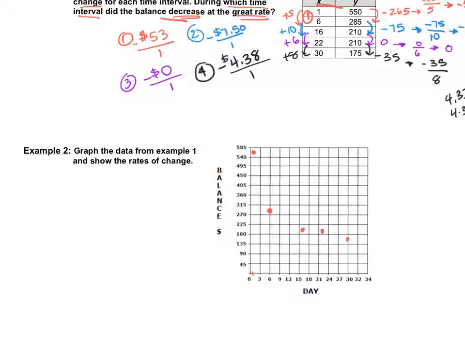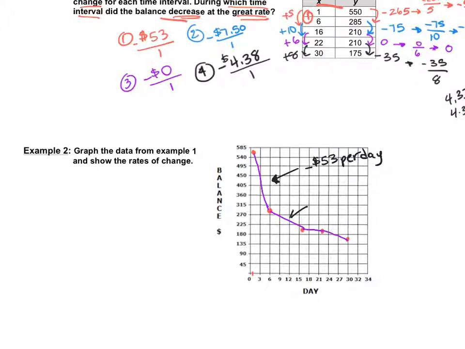Now, if we were to connect these dots as linear as we can, and it's difficult to make a straight line without a ruler, and then we would show the rates of change, we can see that this section was the first rate of change, which was losing $53 per day.